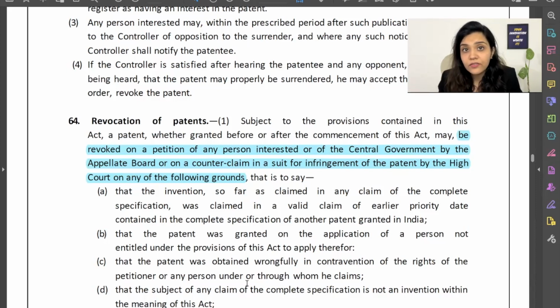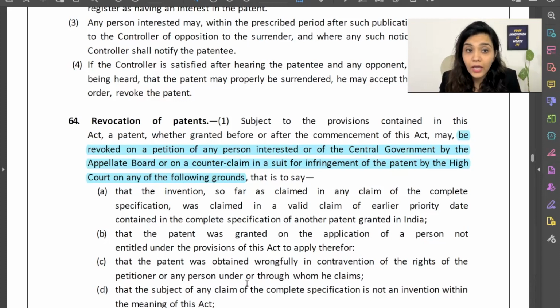Person XYZ will say, Priggya's patent is invalid, therefore Priggya's patent should be cancelled. So XYZ is putting a counterclaim on me saying that my patent is invalid. Whenever this is the scenario, the counterclaim in a suit for infringement goes to the High Court, and in that case, the High Court may revoke my patent.